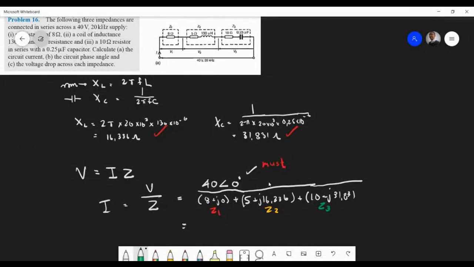So 5 plus, we've converted that 130 microhenry into 16.336 ohms. That's one load, and that's another load. Just tell me if you understood what I meant.